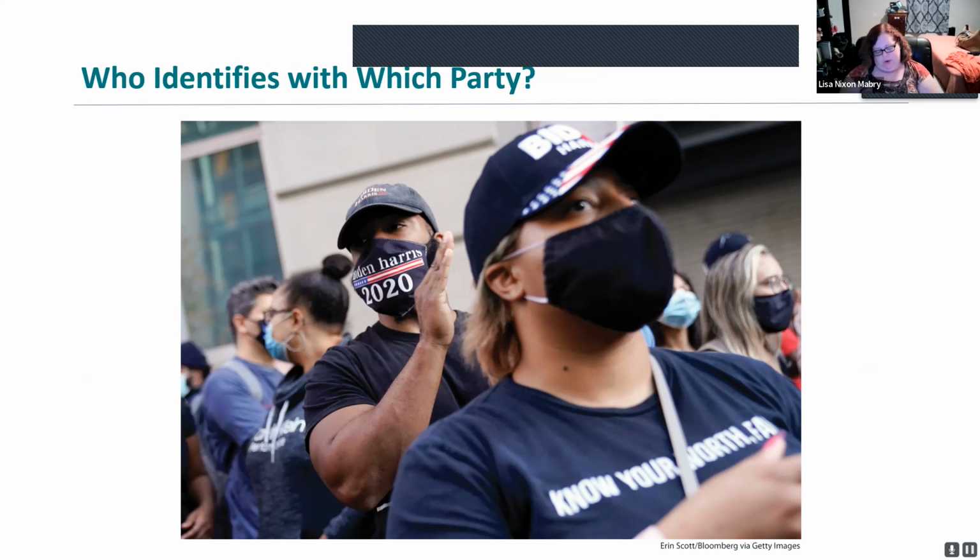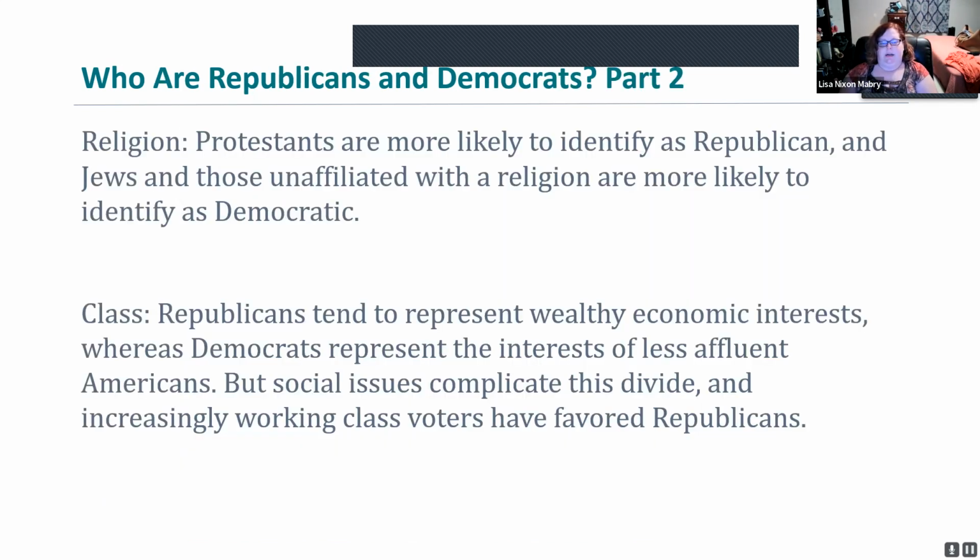Members of racial and ethnic minority groups tend to favor Democratic candidates. In 2020, Joe Biden gained support from African Americans, for example. We didn't talk quite as much about this in the previous chapters, but we have touched on the religion aspect.